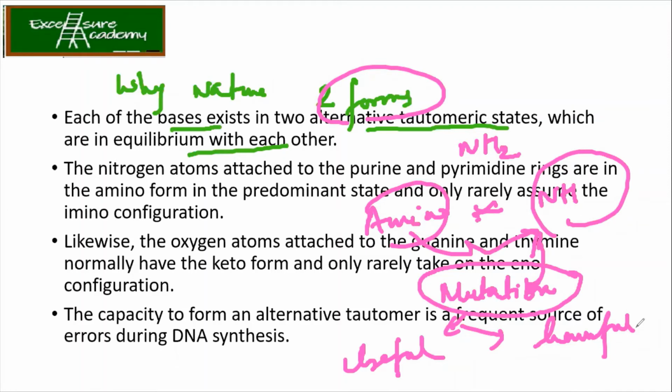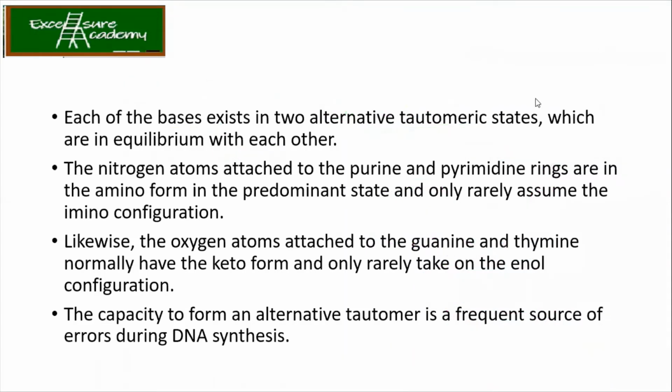In nature, wherever DNA formation is taking place, the maximum form is the amino group or the keto form, and rarely you see the imino or the enol form. Are you getting the point? This is the importance of tautomeric forms.